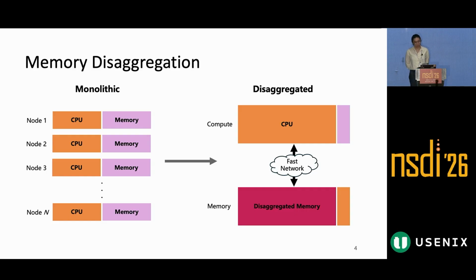Compute pools have high processing power with a small amount of memory, which serves as a local cache, while memory nodes have a large amount of memory but are equipped with very weak CPUs. Memory disaggregation allows applications to elastically scale up memory, significantly reducing underutilization and simplifying data center operations.